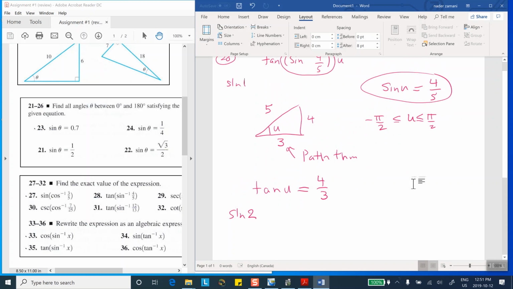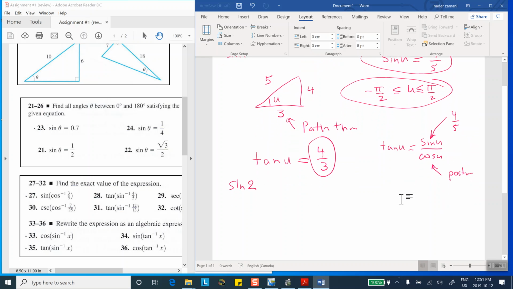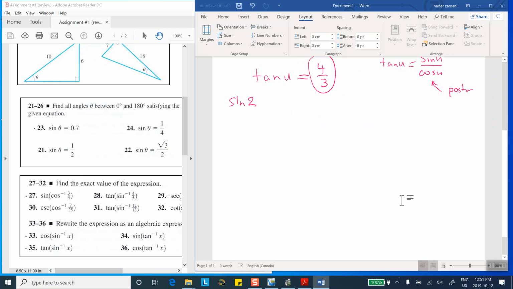I do want to make a comment here, by the way, before I go any further: tangent of u is equal to sine of u over cosine of u. The sine was given to us as 4 over 5. The very fact that u is between pi over 2 and minus pi over 2 tells you that cosine is also positive. Therefore this whole thing should be a positive number, and it was. And this issue is going to play a role in the second approach.